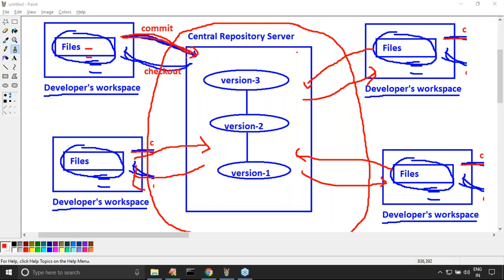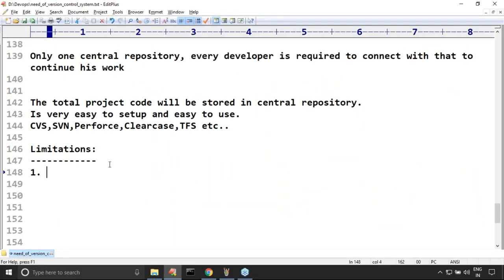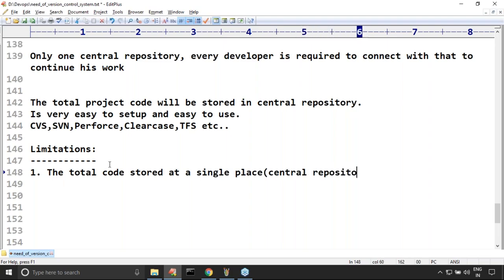Yes, definitely it is difficult. Remember this. It is difficult because everything is stored in a single place, and if something happens to that place, it is always a bigger problem. So the first limitation: the total code is stored at a single place, the central server, the central repository.